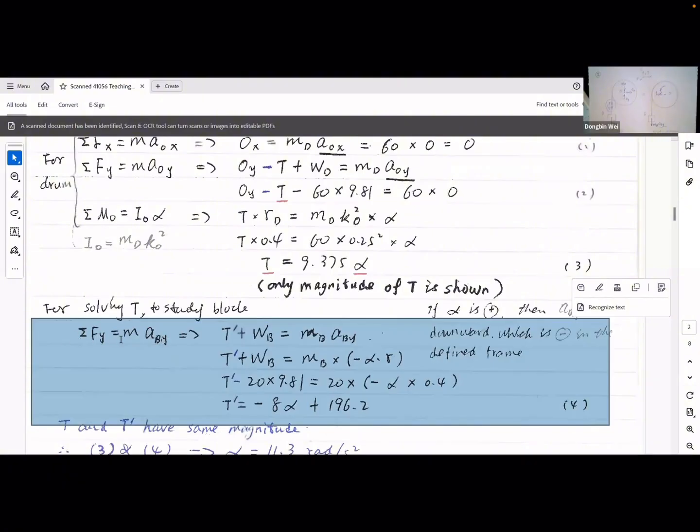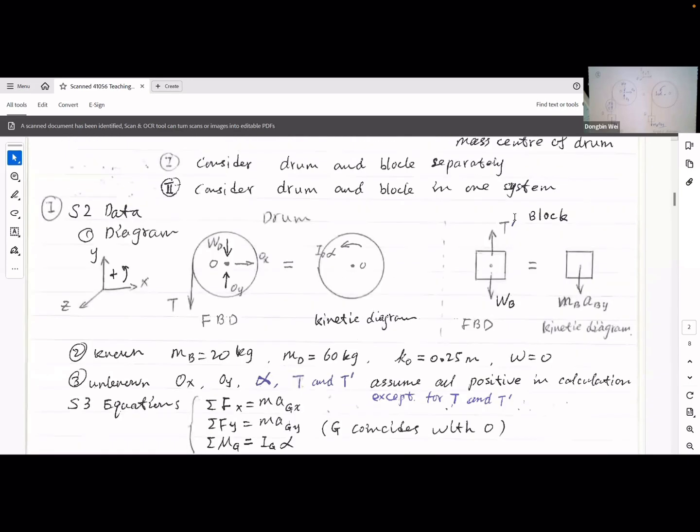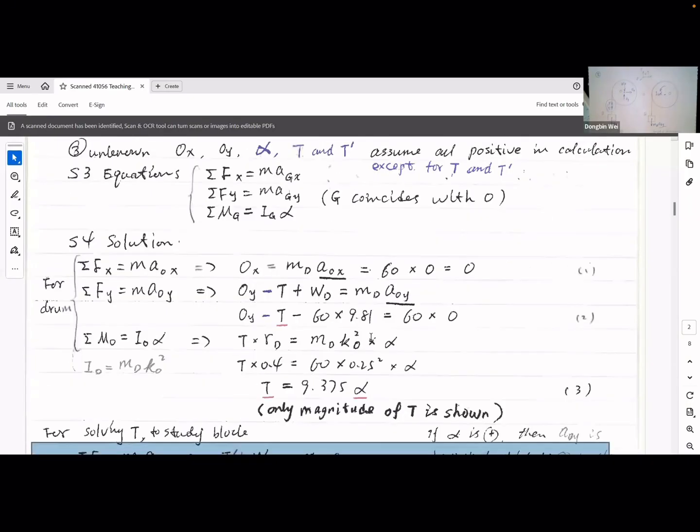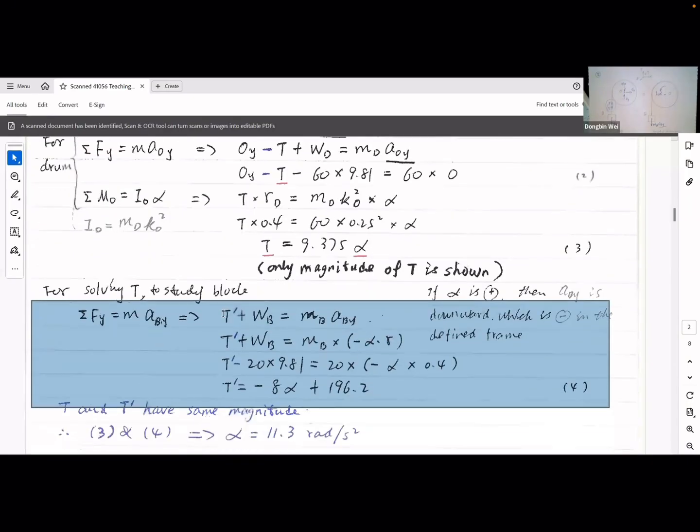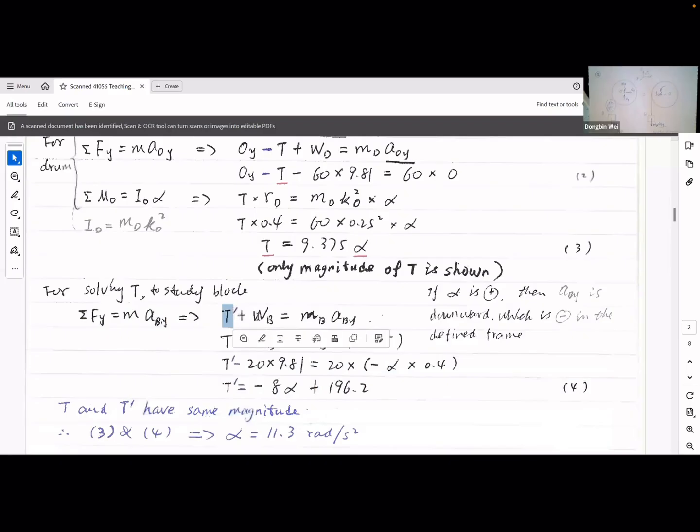Only this one is useful. Now look at this diagram. For external forces, we have T prime and W. T prime is positive, and W, B is negative.